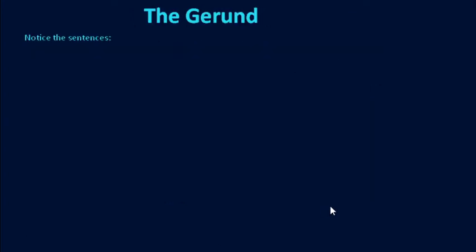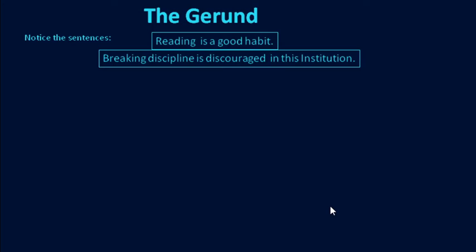So now it is the turn of gerund. A gerund acts as a verb as well as a noun. So what is the difference between gerund and participle? A participle acts as a verb and adjective. On the other hand, a gerund acts as a noun and verb.